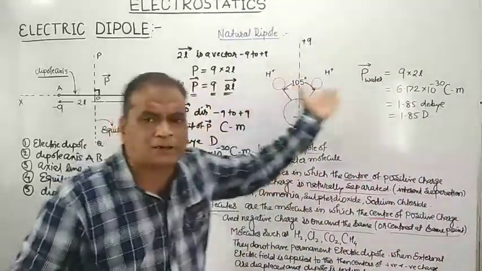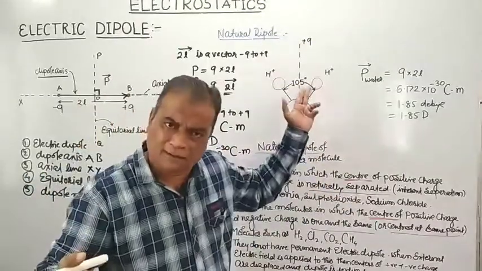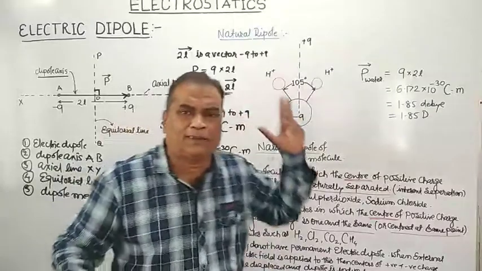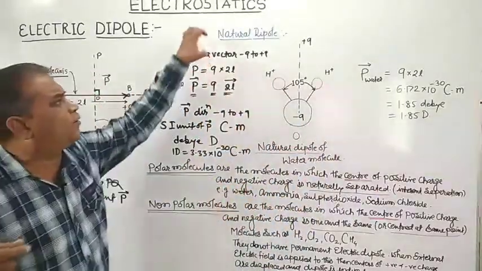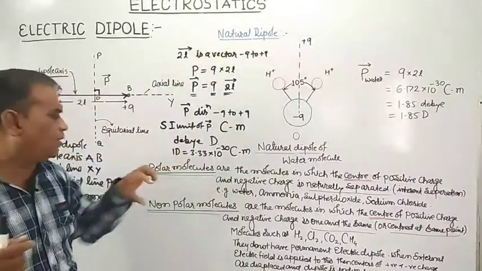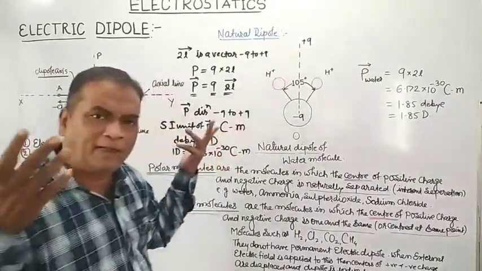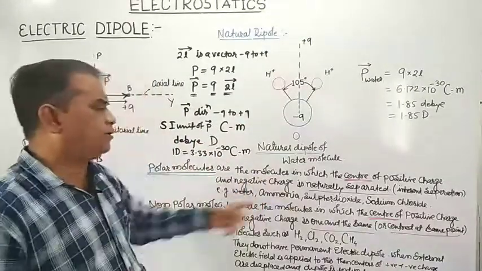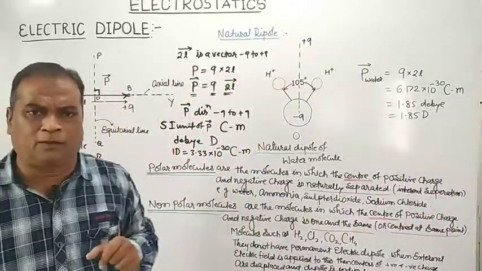Because the center of the positively charged hydrogen atoms and the center of the negatively charged oxygen atom are naturally separated. Again, you can have many examples: ammonia, sulfur dioxide or sodium chloride. They are all polar molecules.